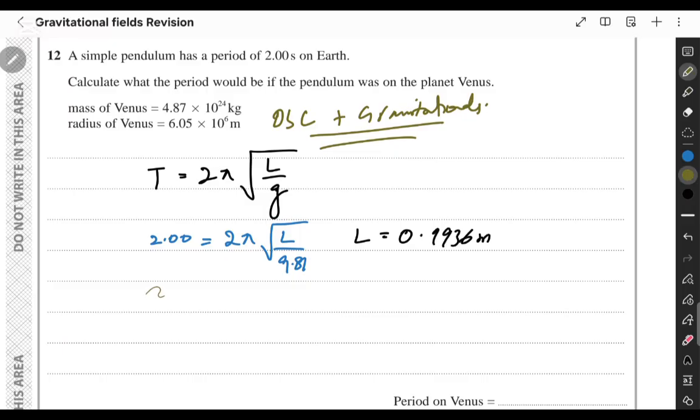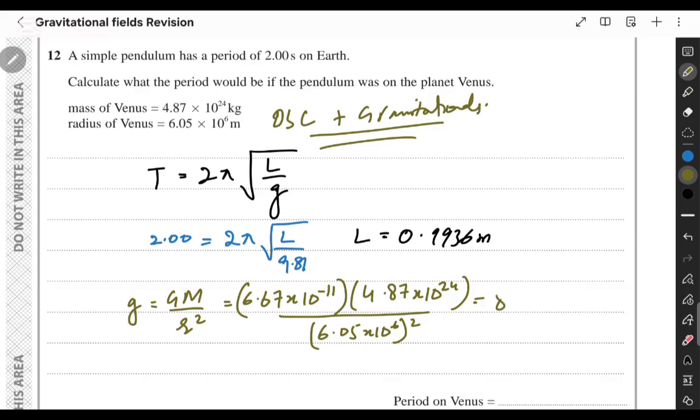Then I'm going to find the gravitational field for Venus. That's going to be g equals GM over R squared, and that's going to give me 8.874 newtons per kg.